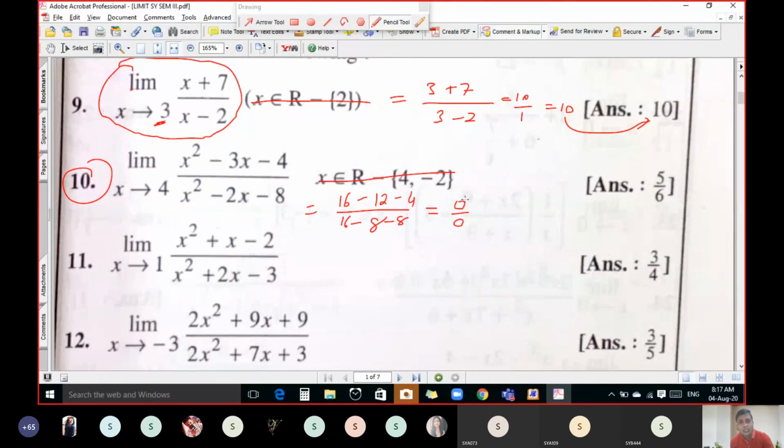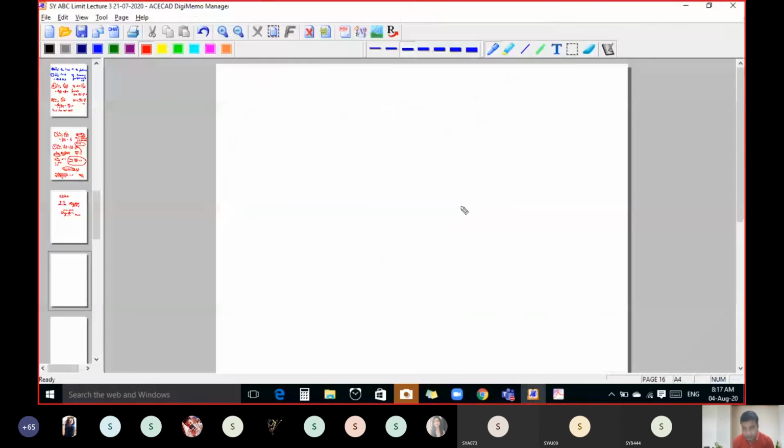So let us discuss question number 10. Limit x tends to 4.